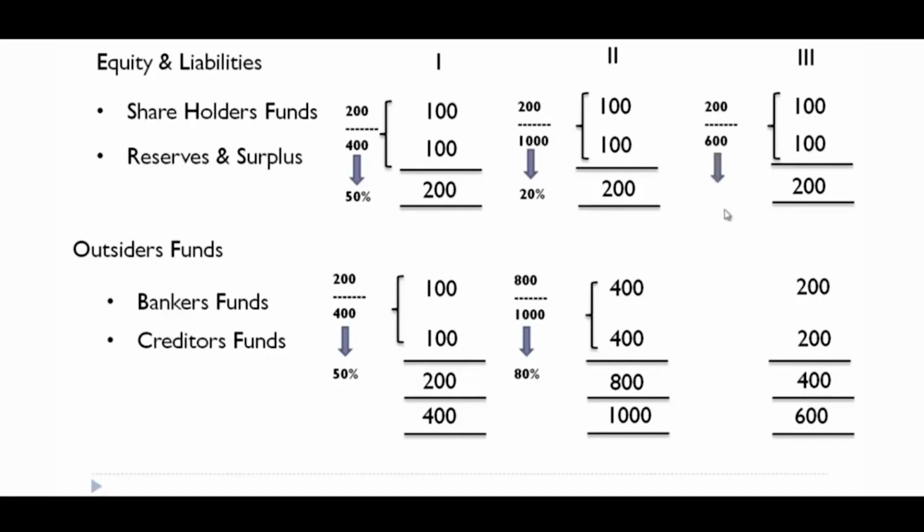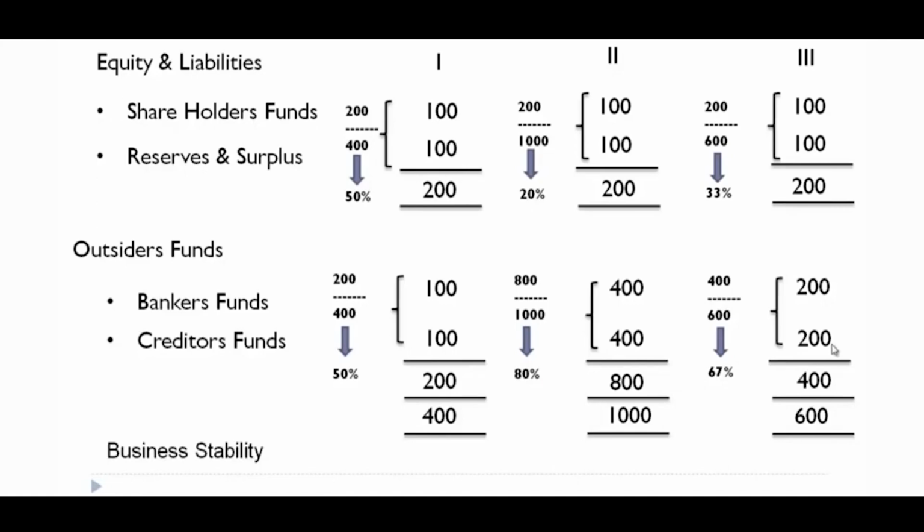So shareholder funds is basically how much? 33%. And here the outsider funds are 400 on 600, and it would give the ratio of how much? 67%. So now we have 3 scenarios, and now we can understand the business stability by analyzing scenario 1, 2 and 3. So we are going to analyze the business stability.